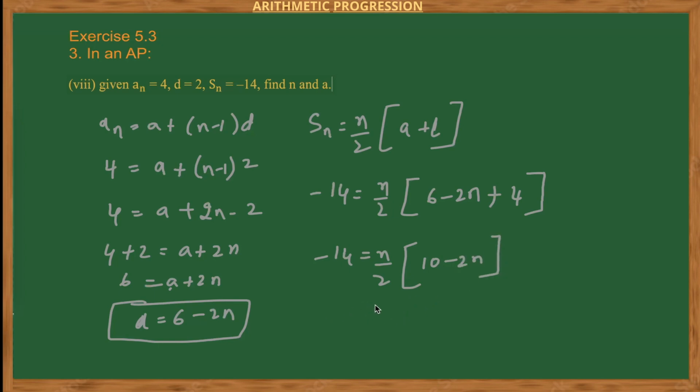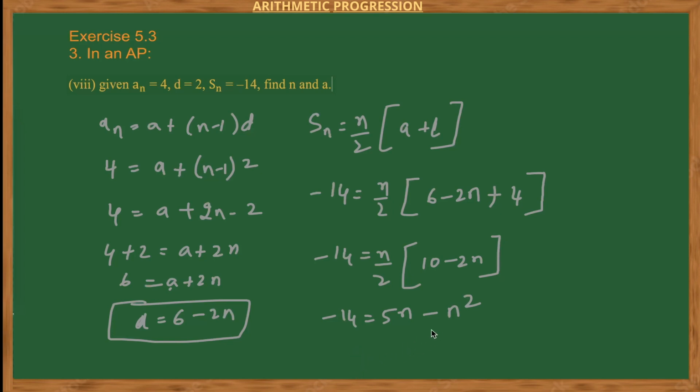Here, 14, let's multiply n by 2 with this. The 2 gets divided into 10, it becomes 5n minus, and the 2 gets cancelled, so it becomes n square. So this is a quadratic equation which we have got.